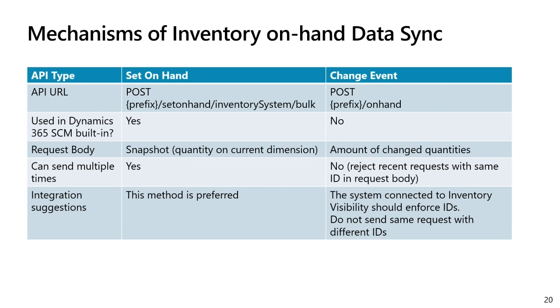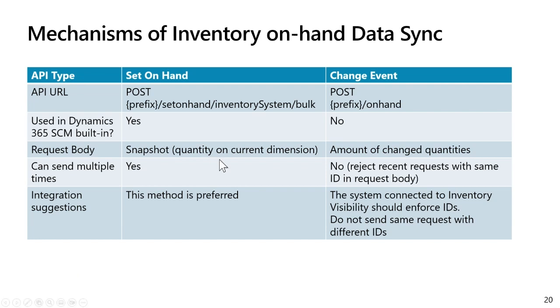And sending another change event for 10 would give 120. For this reason, you cannot send the same result multiple times. Inventory visibility service has a mechanism to check for duplication of results by an entry called ID in your request body.